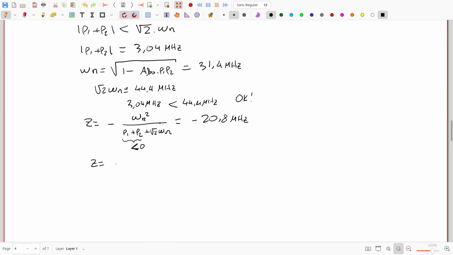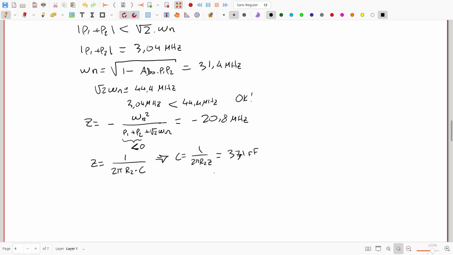That zero will be equal to 1 divided by 2 pi R2 times C. Then that means that C is going to be 1 over 2 pi R2 times the zero, and that will be equal to 37.1 femtofarad. That means almost 40 femtofarad, and now let's go and test it.